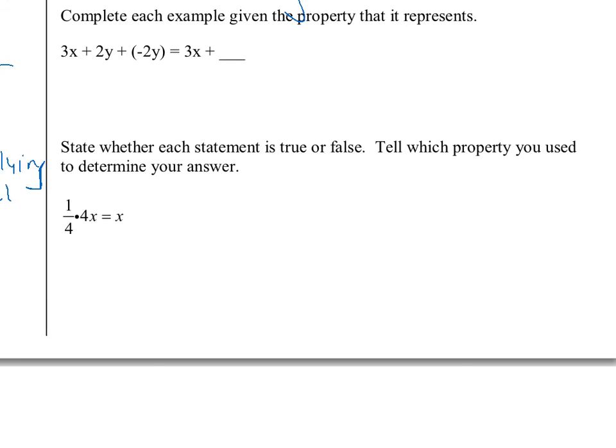Oscar, help her out. It's the inverse property, additive inverse. Yes, this is the additive inverse. So she sees the additive inverse here. We're adding 2y and its opposite, negative 2y. When we add additive inverses, they add up to what? Hervey. 0. So this is really 3x plus 0. These are the same thing.